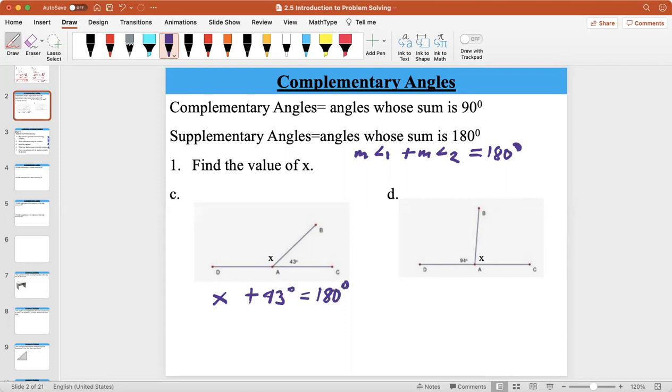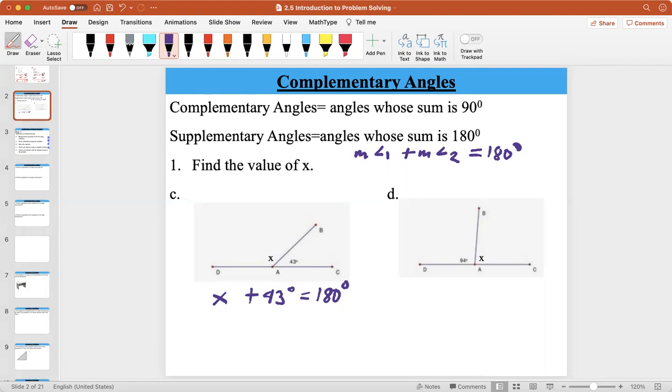It's not 90 anymore because these are angles that form a linear pair. And whenever they form a linear pair, they are considered to be supplementary angles. Right, all eyes here, please. Focus. Okay, let's have x plus 43 equals 180 degrees.